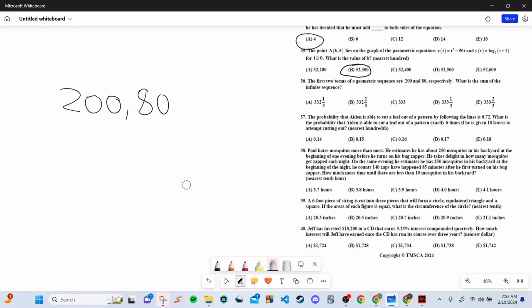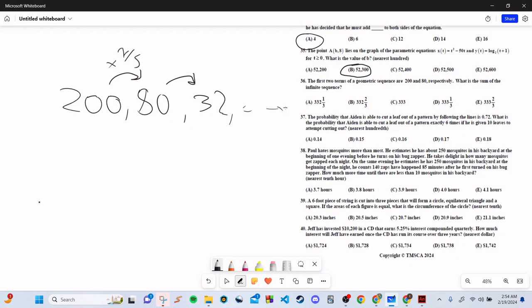So like there's equal spacing. But with geometric, you're multiplying by the same rate over time. In this case, that would be 2/5. And so the next term would be 32. And so on.